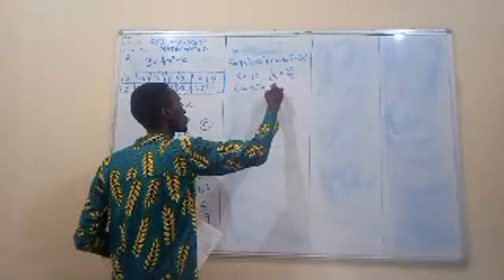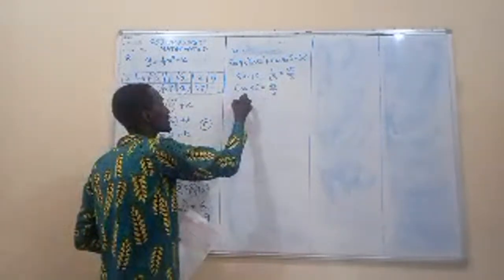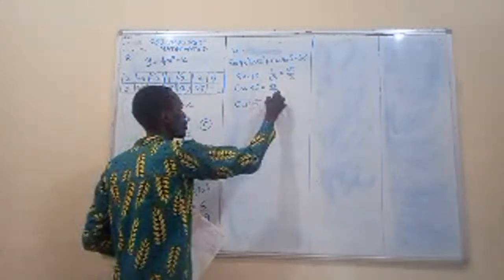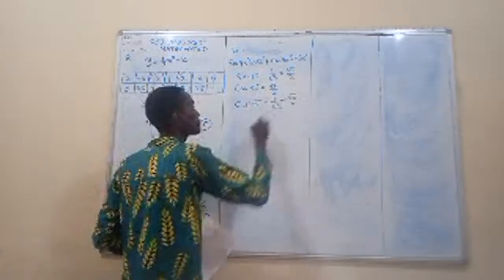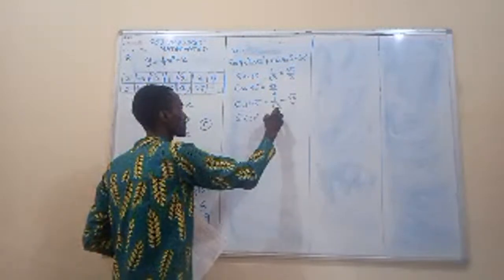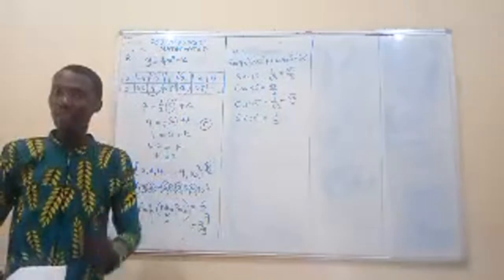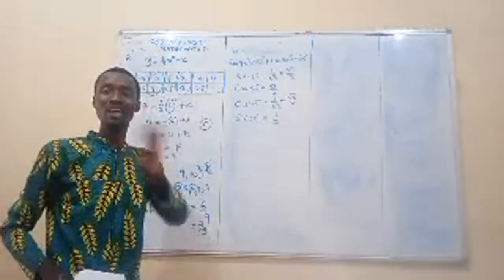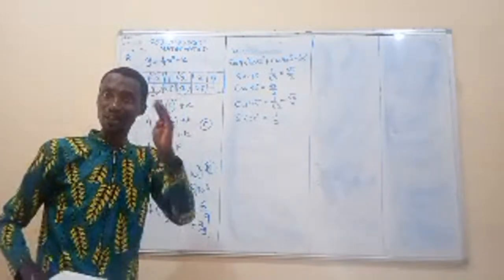Root 3 over 2. You have cos 45, which is also 1 over root 2, which is also equal to root 2 over 2. I have sine 30, which is 1 over 2. I know this, and you ought to know them. You really must memorize them. It's not an option. You must know them. You have to take out time to practice and know them.